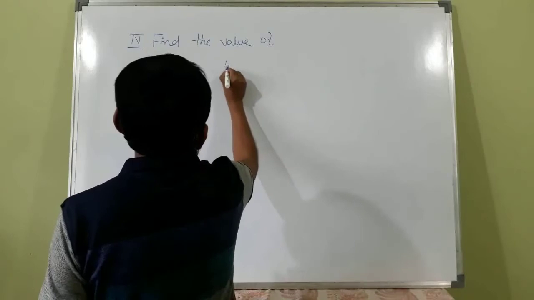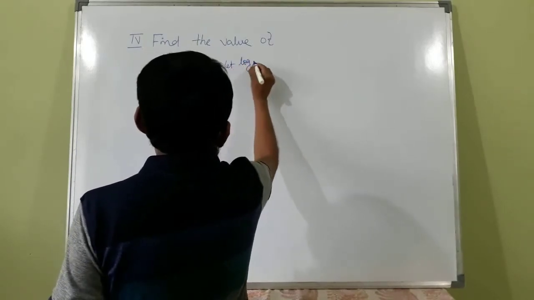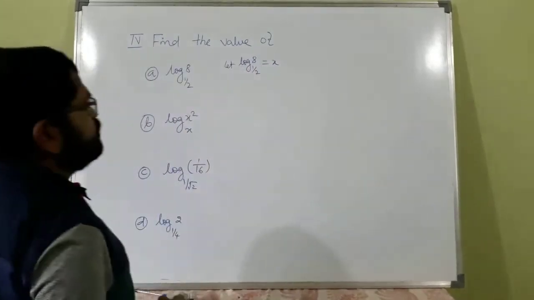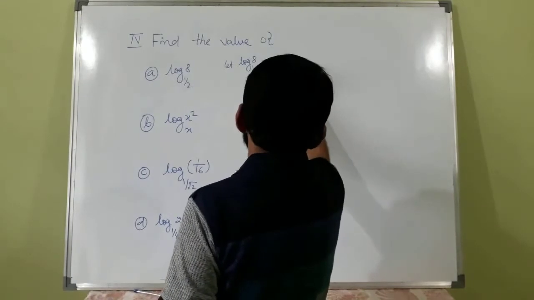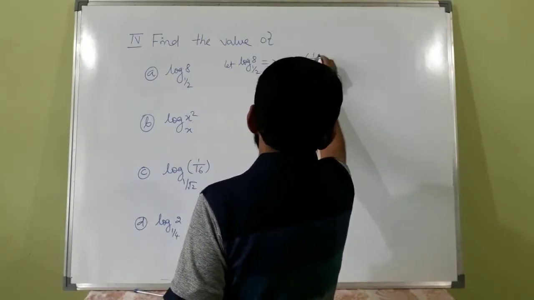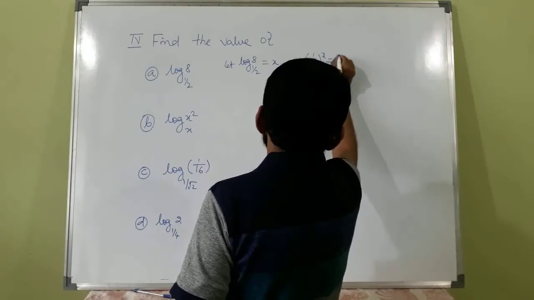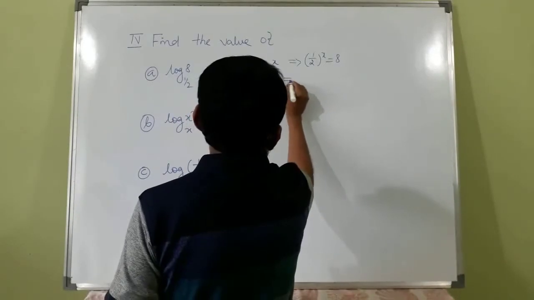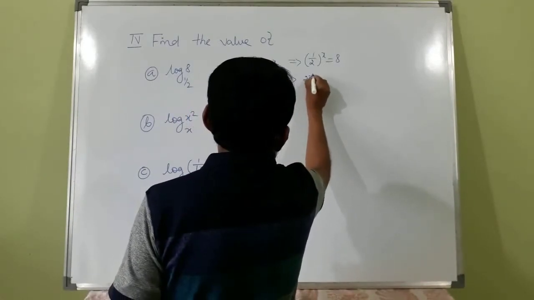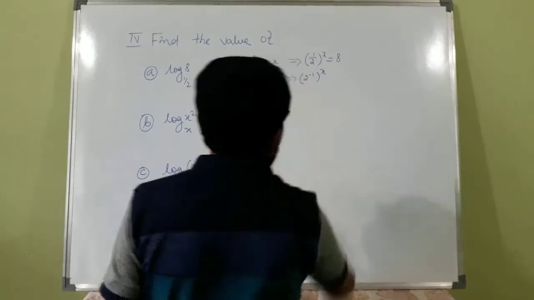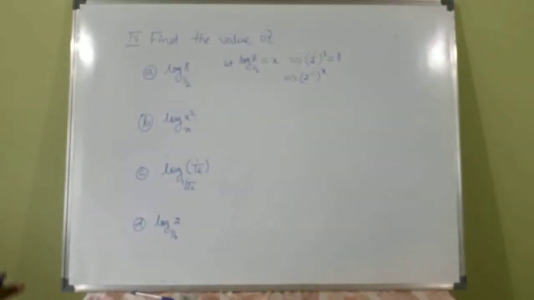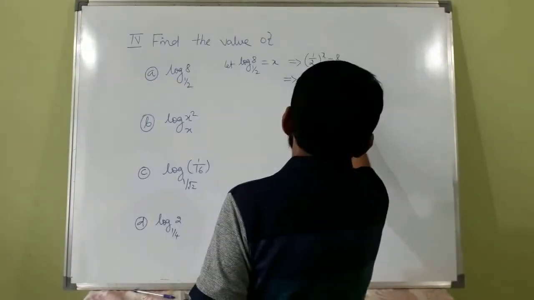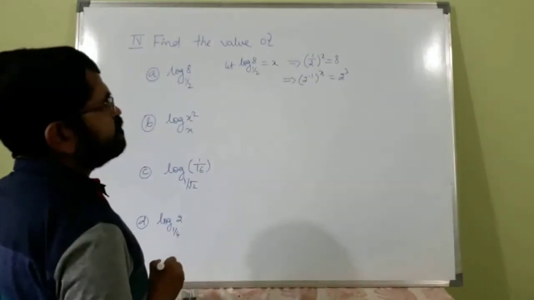Let log of 8 to the base half be equal to x. This implies (1/2) to the power x is equal to 8. 1 by 2 means 2 to the power minus 1. A raised to minus 1 is 1 by a, we saw that last day. 8 can be written as 2 cube.